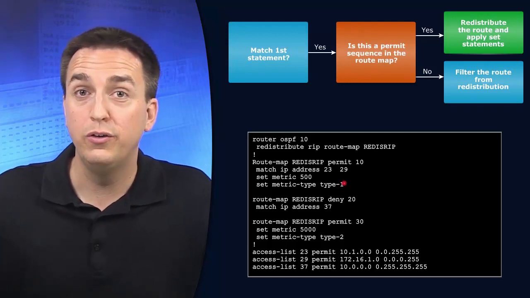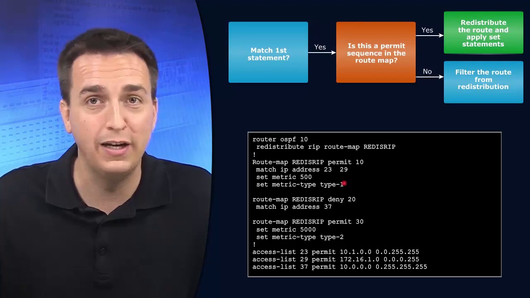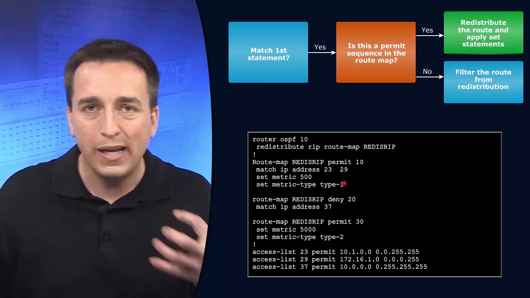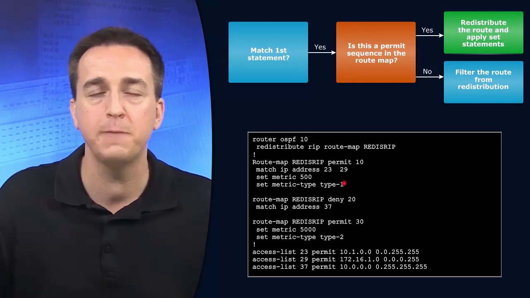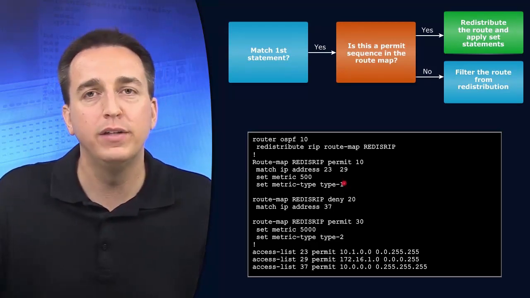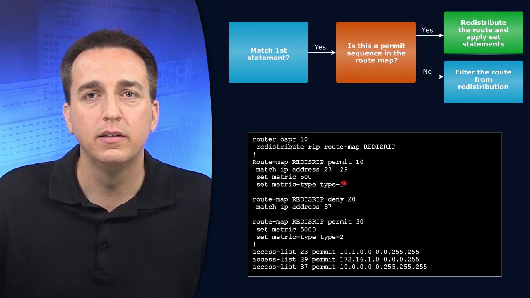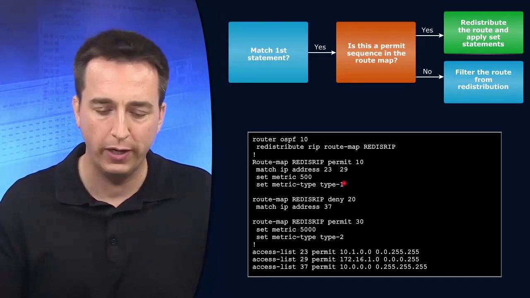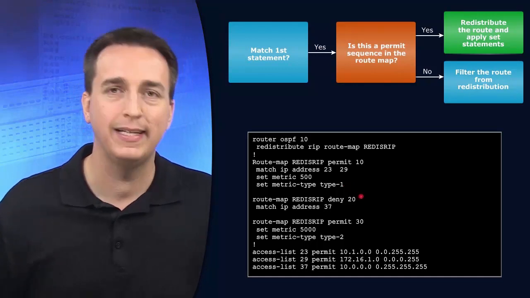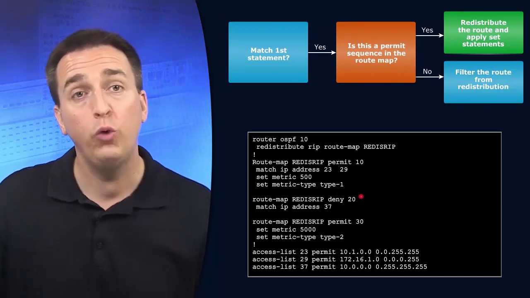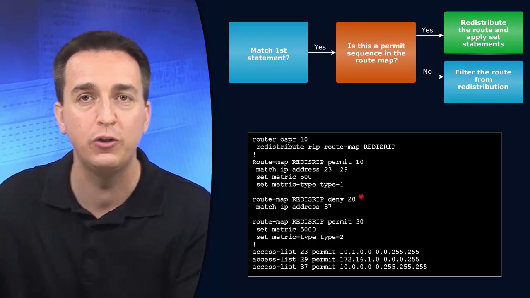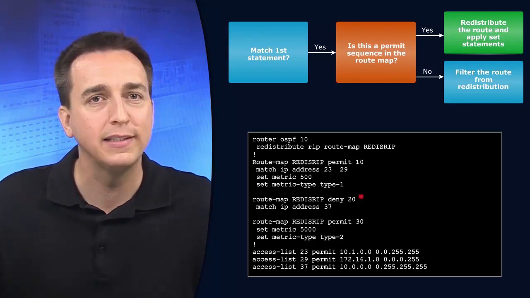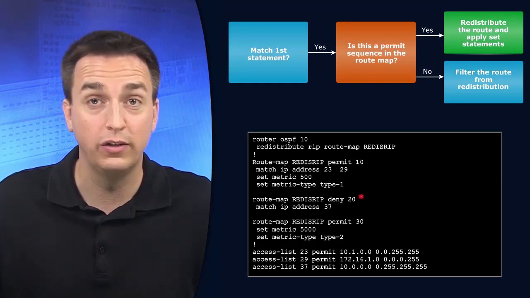Now, your sentence may not have been exactly like mine, but were you at least close? Were you able to pick out the components here and the values of this sequence? Hopefully you were. If not, give it a try again. Let's go to sequence number 20. Sequence number 20 is a deny, which means that we will not redistribute those routes that match the IP address in access control list 37.